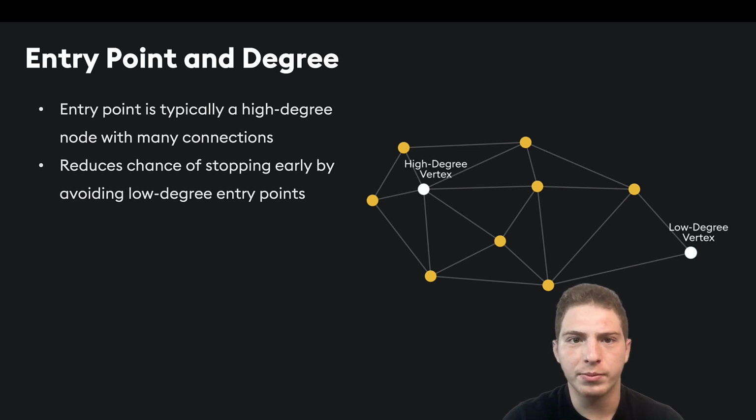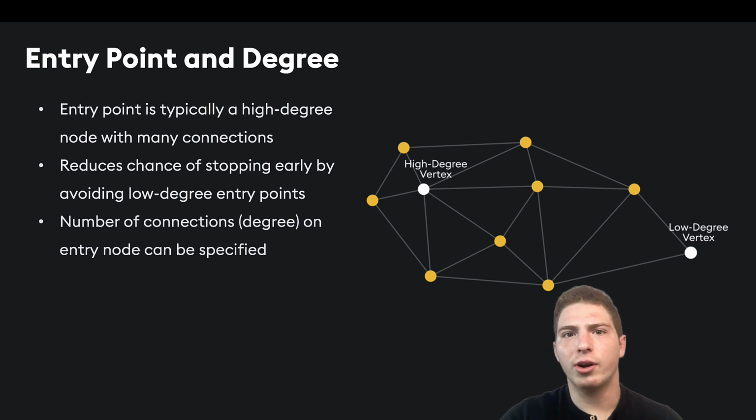Now, this does slow down search, but generally the accuracy gain you get by starting with a high degree vertex is worth it. An interesting thing is that for NSW search, you don't always start with a high degree vertex. You could also start with a low degree vertex, but for HNSW, you typically start with a high degree vertex.